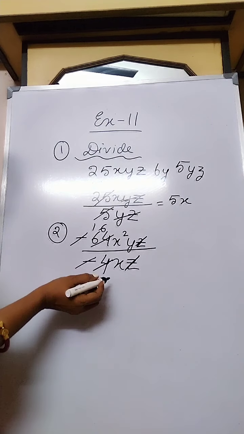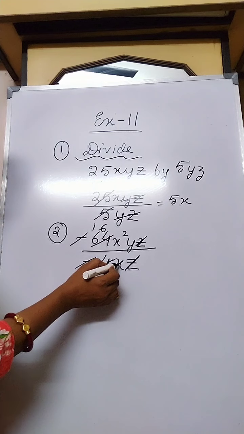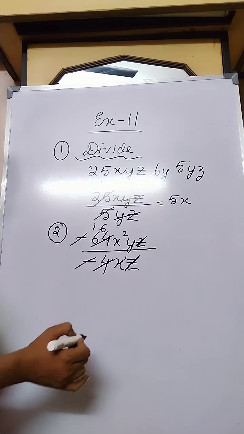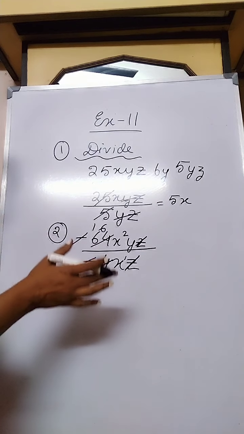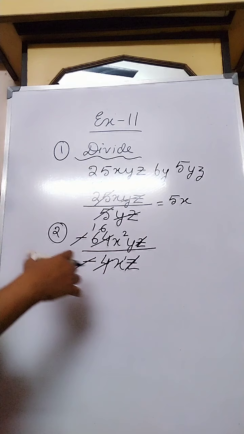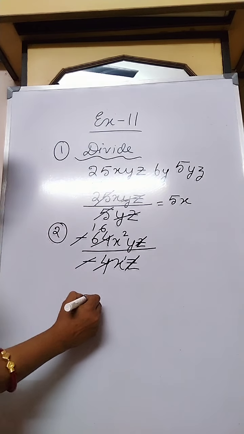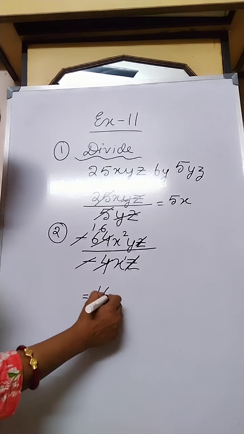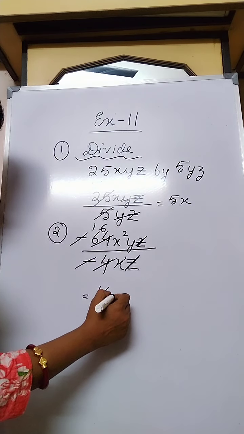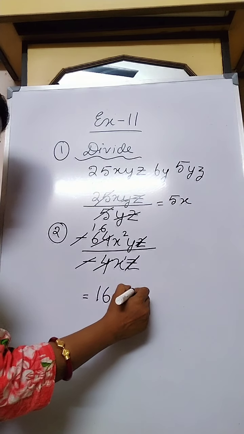What you will do is subtract x from x square. That is, x means x to the power 1. X to the power 1 you will subtract from x square. In case of division, the power of the denominator is subtracted from the numerator. In case of multiplication, it is added. In case of division, it is subtracted. So you will write 16, x square minus 1.